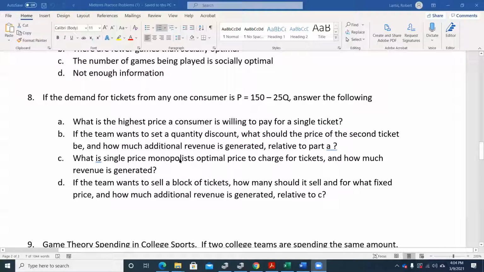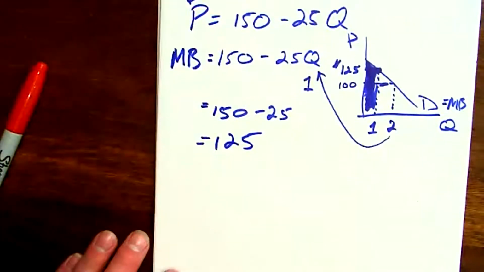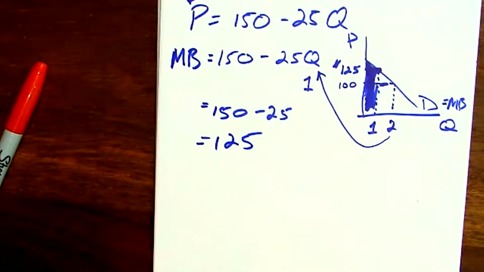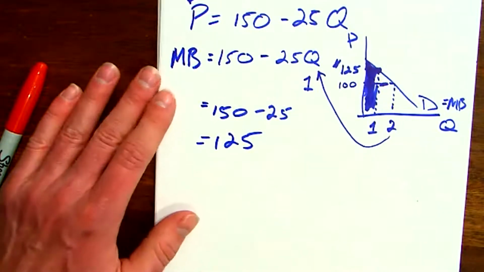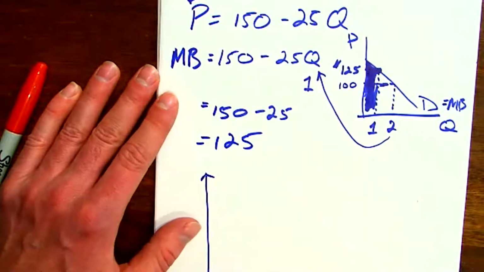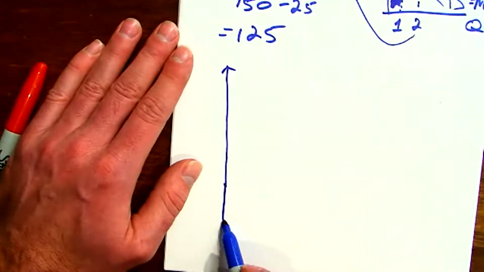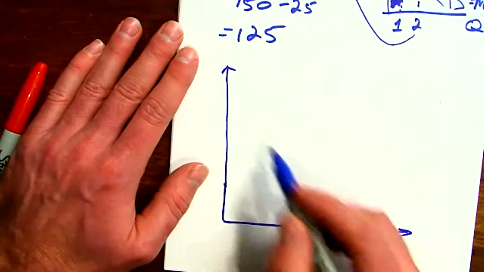Now I think C here is, what if they were a single price monopolist, how much revenue? I think it doesn't ask for all this, but we could go through the entire thing and say, okay, what price will they charge? What quantity of tickets will they sell? And then what will the total revenue be? So it's kind of weird when we build these models based off of a single representative consumer, right?